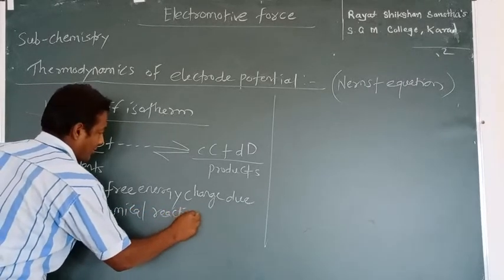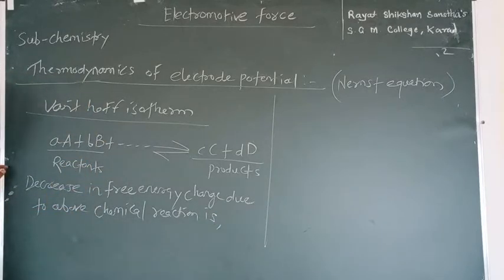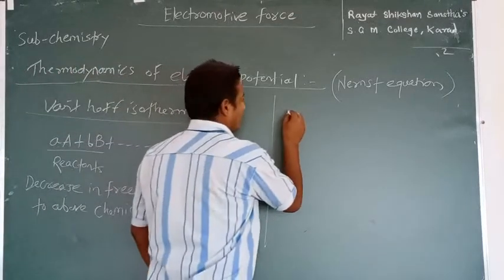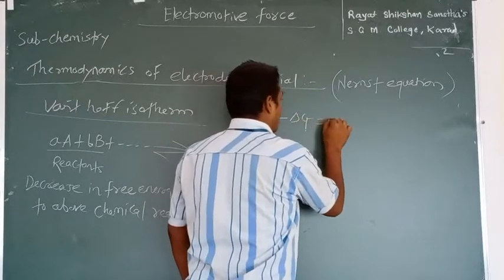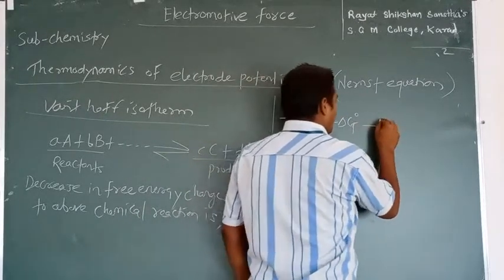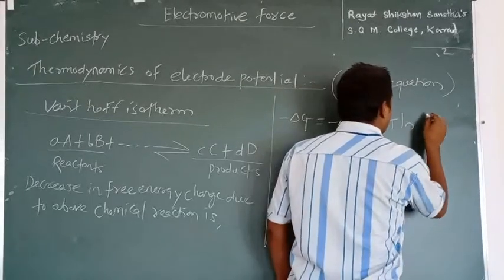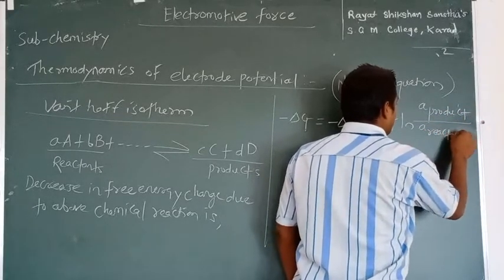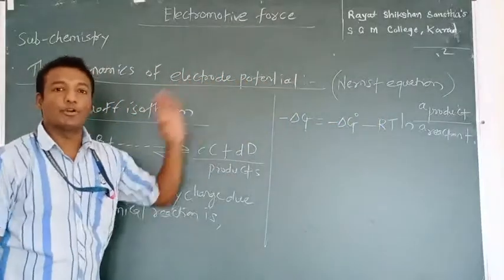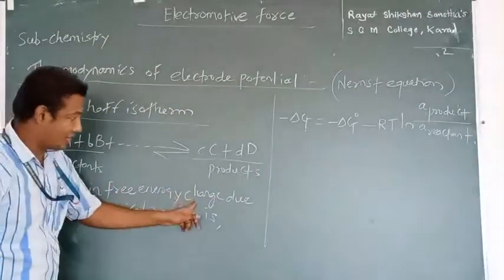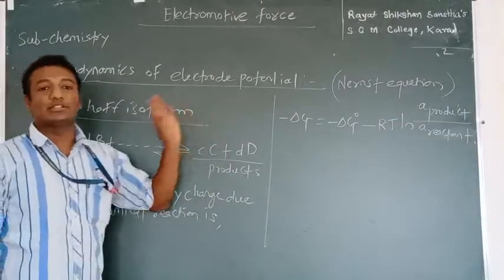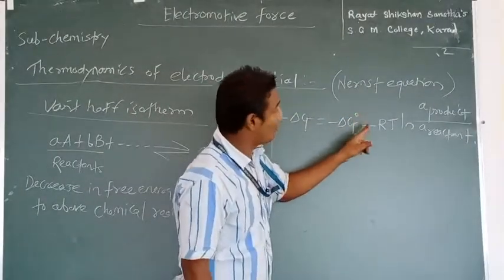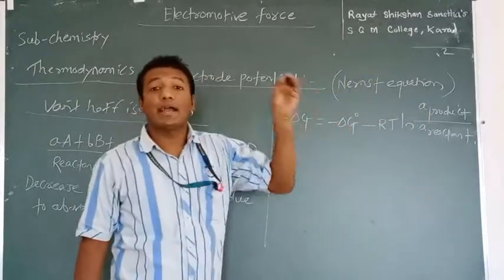It is given by: delta G is equal to minus delta G0 minus RT ln activity of product divided by activity of reactant, where minus stands for decrease.